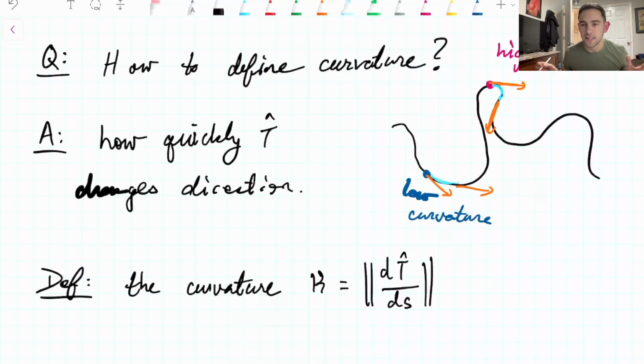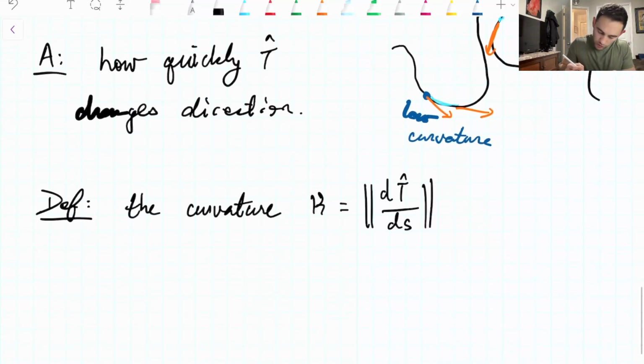Now, the conceit here is that you will never have T hat as a function of arc length. So this is a lovely definition. Theoretically, geometrically, practically, it is not very helpful. So what we better do is use the chain rule so that I can actually come up with a formula that's usable for us.